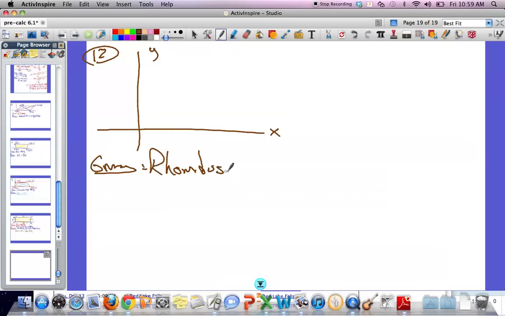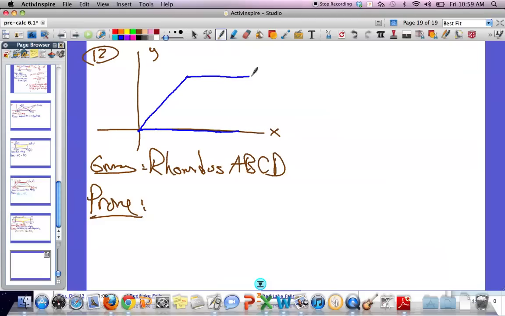So we're given rhombus A, B, C, D, and then we're supposed to prove, we'll get a picture here. So how do I draw a rhombus? I mean, I know how to draw it, but I don't know how to label it. That one would be 0, 0. All the sides have to be equal in length.